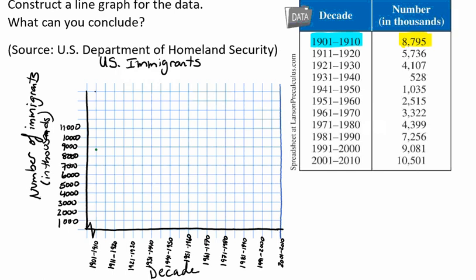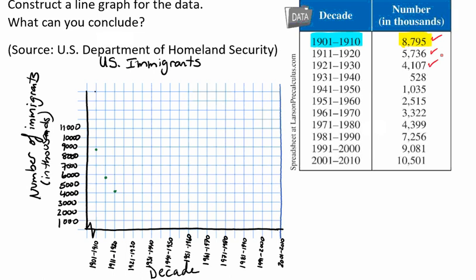We had 5,736, so just under 6,000. Then let's see, let's check them off as we go. We've done this one, we've done this one. So our next one is 4,107 for the 1921 to 1930 decade. So just above 4,000. We'll go ahead and cross that one off.